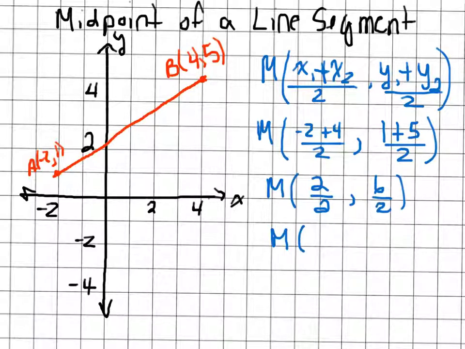So our midpoint is 1, 3. And if we look here, that point is right here. So that's our midpoint, 1, 3. And visually, that looks correct.